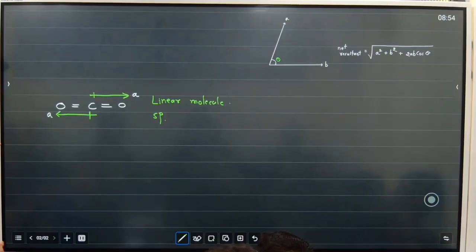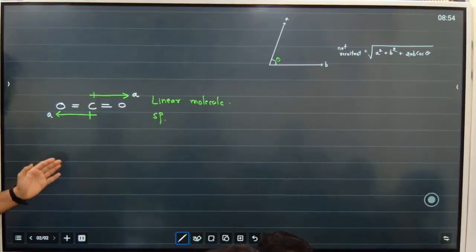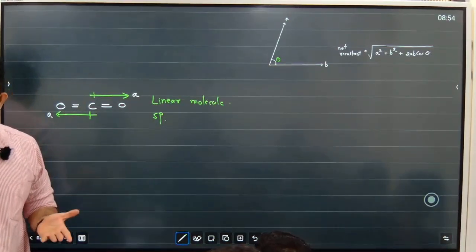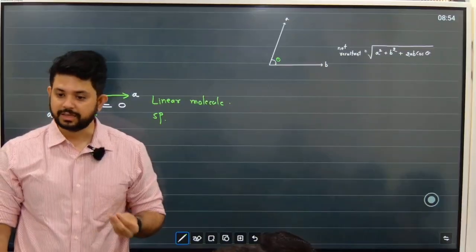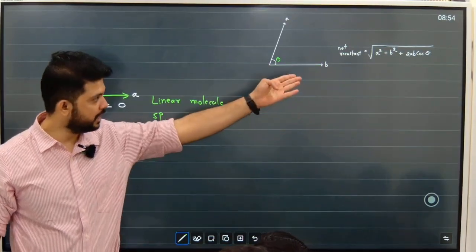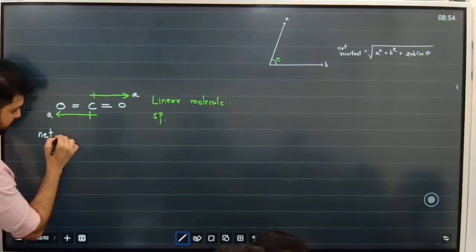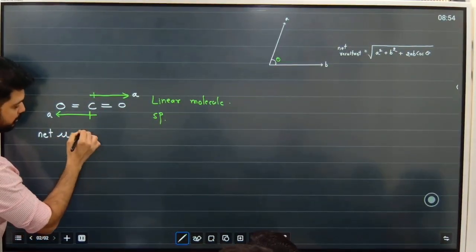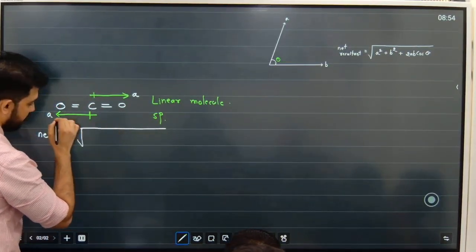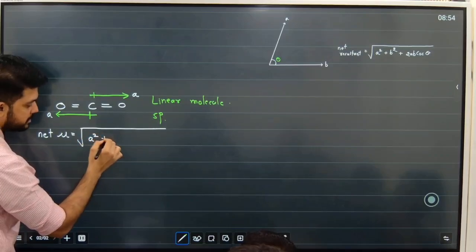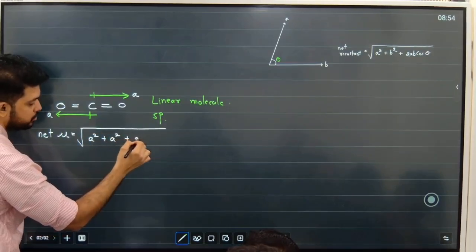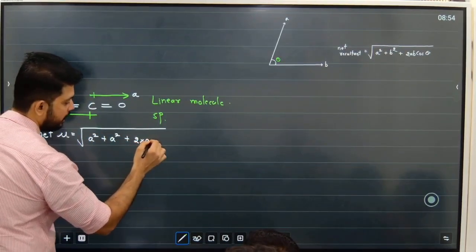Now I want to know what is the resultant dipole. In physics, what will it be? See, both are in opposite direction, same magnitude. They are going to cancel each other. But if I substitute in the formula to find the net dipole, what will the formula be? A square plus B square plus 2AB cos theta.